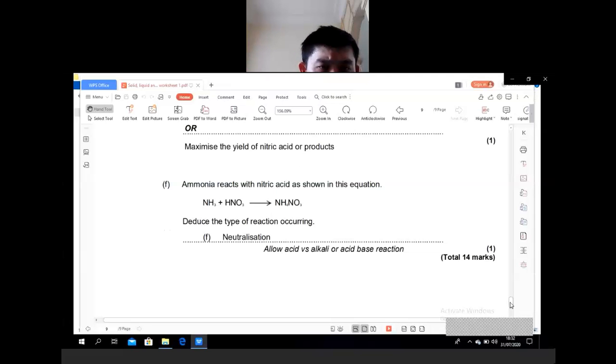Ammonia reacts with nitric acid as shown in the equation here. Of course, this is neutralization. Why? Because this is ammonia, this is nitric acid. Ammonia is a base and nitric acid is an acid. We know based on the Bronsted-Lowry and Arrhenius definitions that an acid is a proton donor and a base is a proton acceptor.